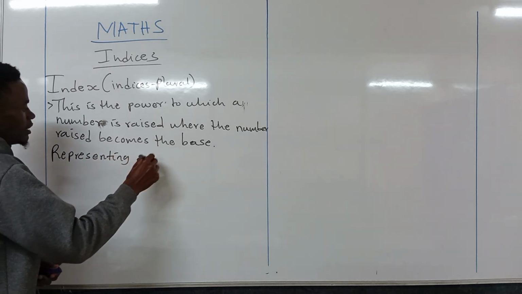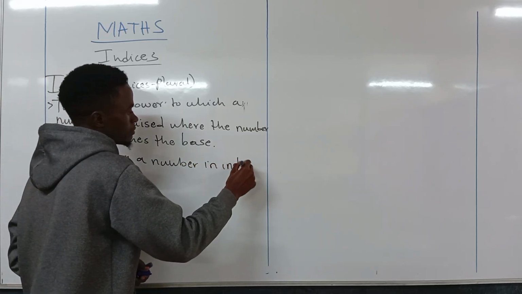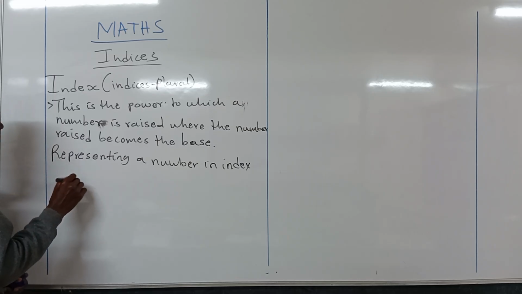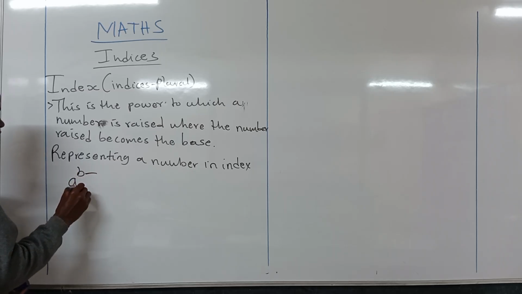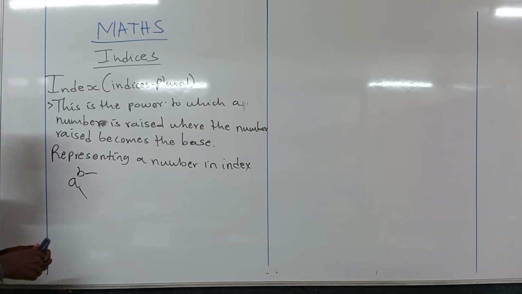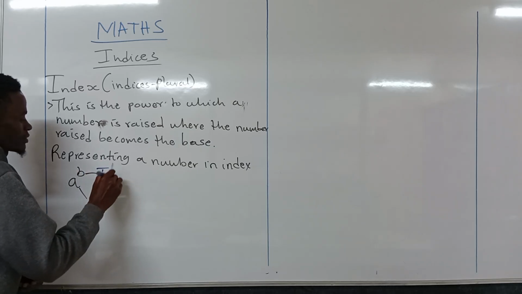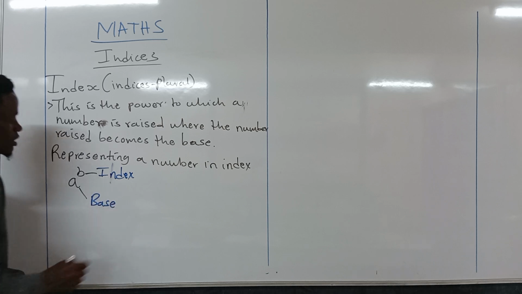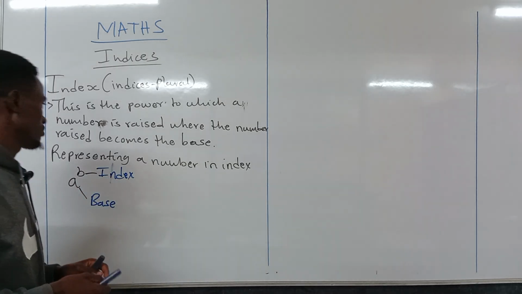Representing a number in index form, we represent it as a raised to b. Our b becomes the index, and a is our base.